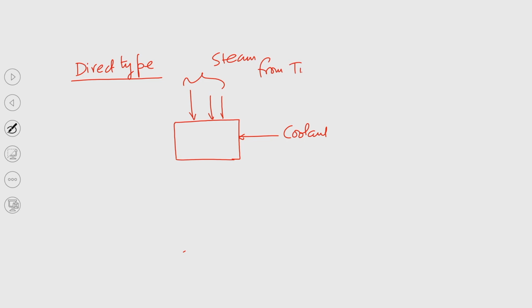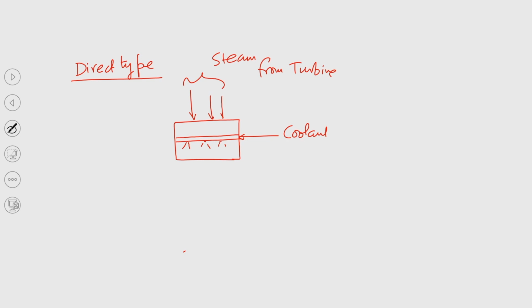You know that in this direct type, we will be having coolant, okay, and steam will be allowed to spray on this coolant, and this is steam from the turbine, and the coolant is allowed to pass through this, and this coolant is coming.